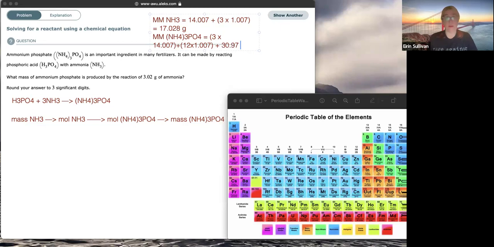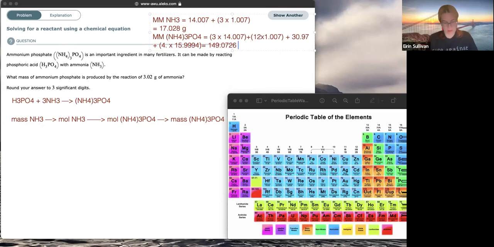And then 4 oxygens, so plus 4 times 15.9994. Okay, I don't recommend putting stuff in your calculator, then writing stuff, then putting stuff in your calculator, because I don't know if I did everything or not now.